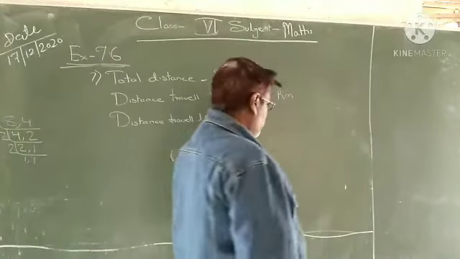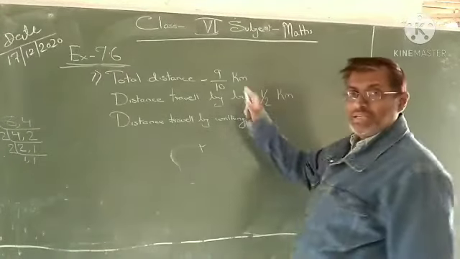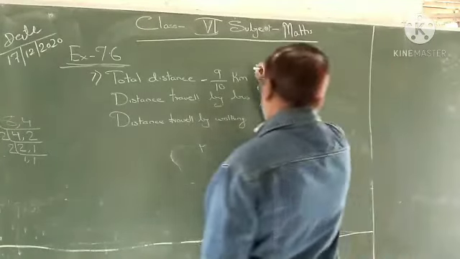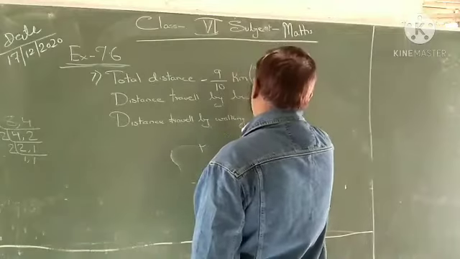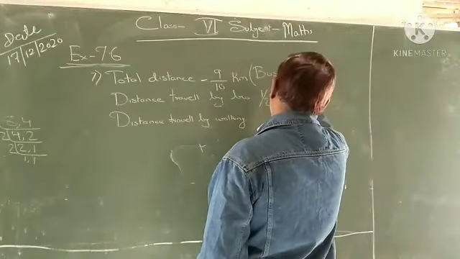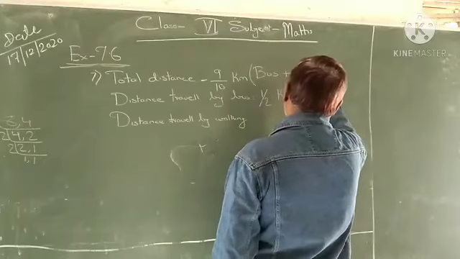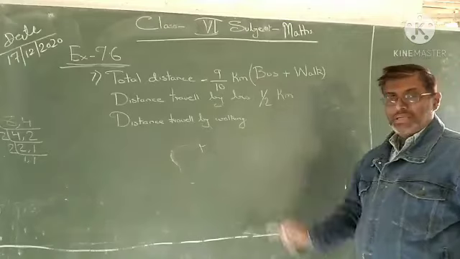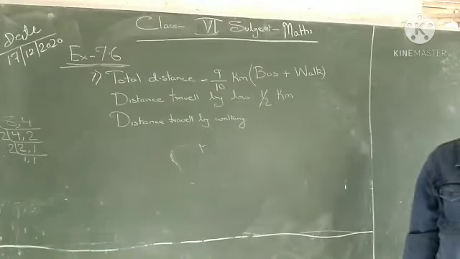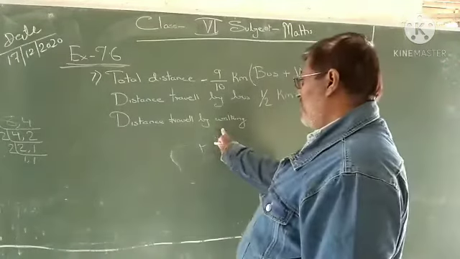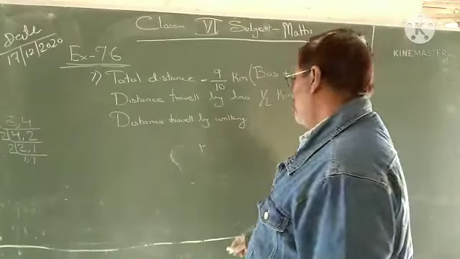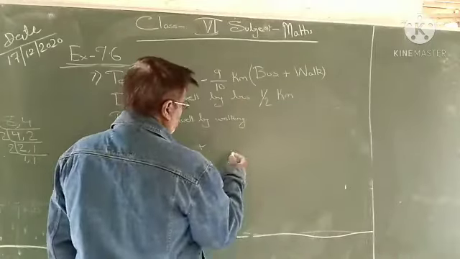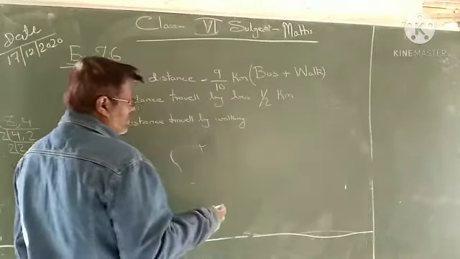So, this total distance of 9 by 10 consists of bus plus walk. We have the distance she traveled by bus, so we need to find out how much she walked. Again, it's a very simple method. We need to deduct this.